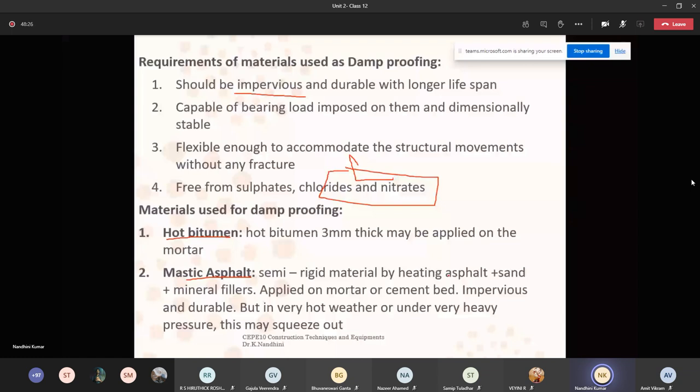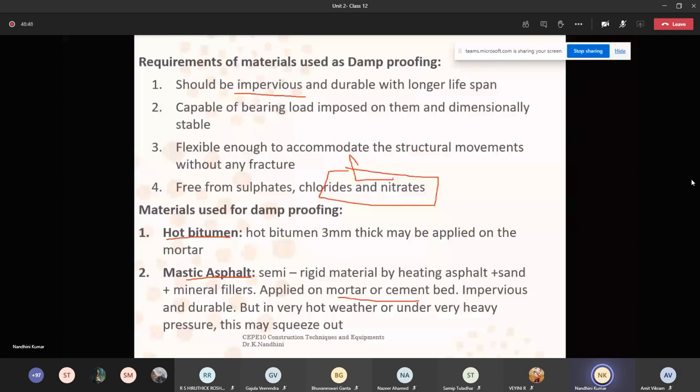Mineral fillers may be your fly ash or any industrial waste products. When you mix with it, that can be applied over the cement mortar or the cement bed. Impervious and it is highly durable. But in very hot weather or under very heavy pressure, it may squeeze out also.